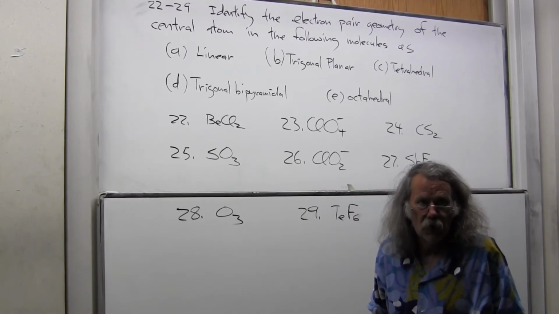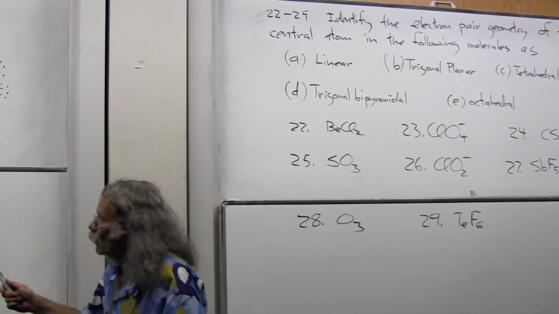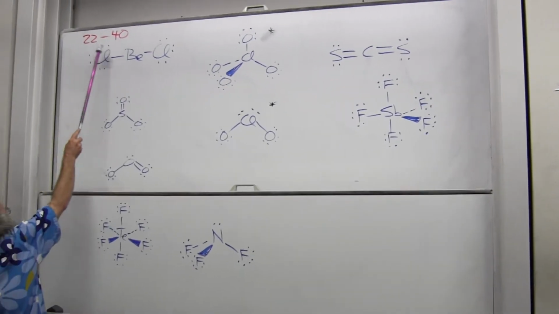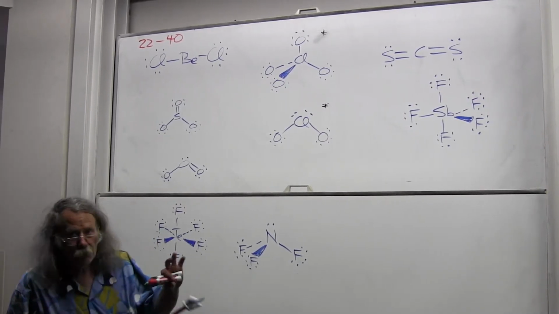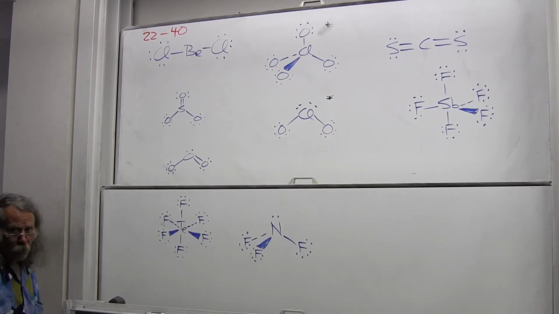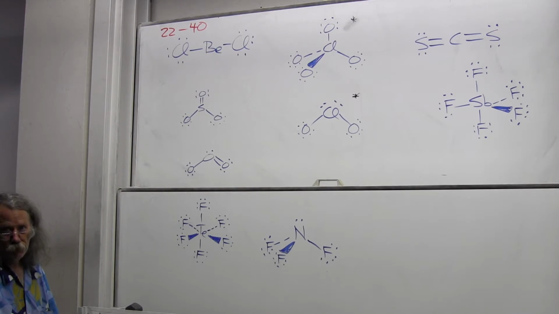that will maximize the efficiency of the process. And so we want to look at these. This is the prequel to problems 22 through 40. When you get to this point on the test, look at the compounds that you're going to have to draw.